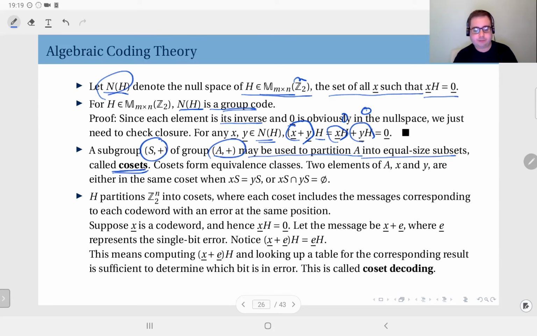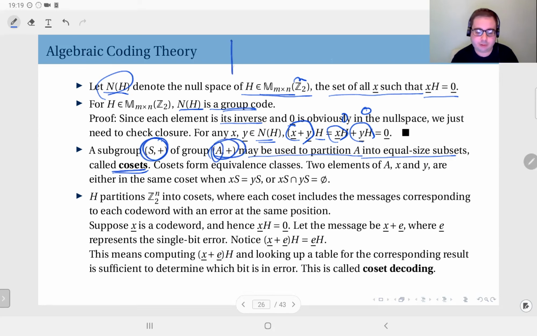A subgroup S partitions the group into cosets. How so? When you apply the operation on the elements of this subset with the elements of this, you obtain a subset of the set A. So that is what we call a coset.